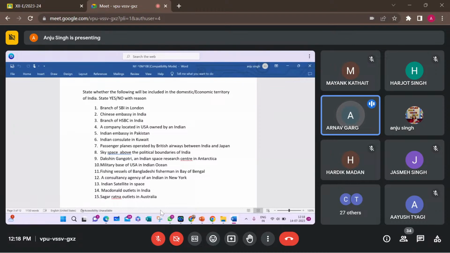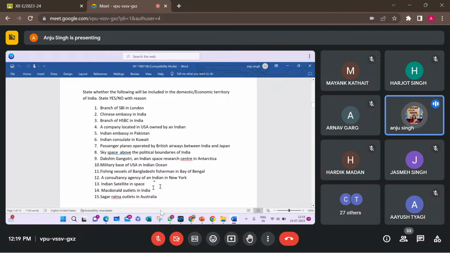Children, remember, when we say consulate or embassy, it is one group. If any consultancy group is of government of a country, it will be considered as a part of domestic territory. But this consultancy agency, question number 12, is of an individual in New York. So therefore, it will not be included in the Indian domestic territory.